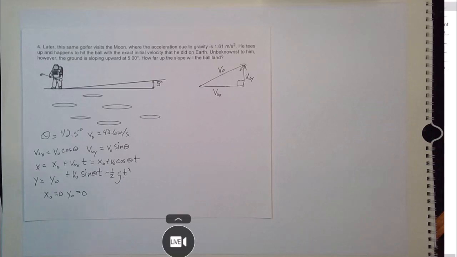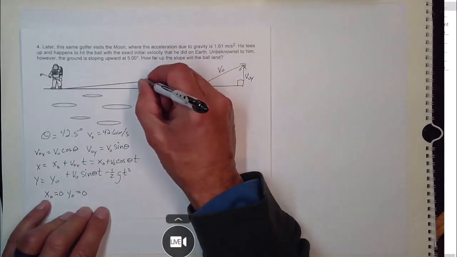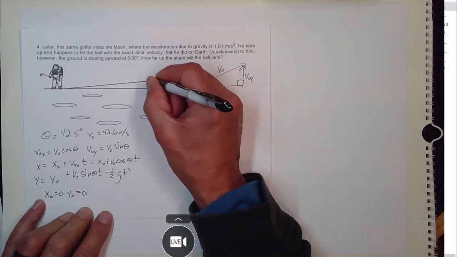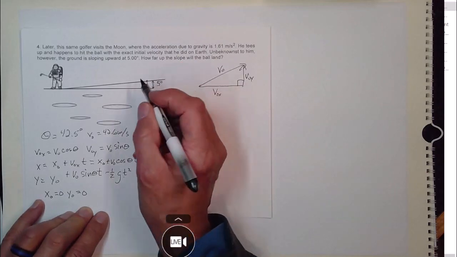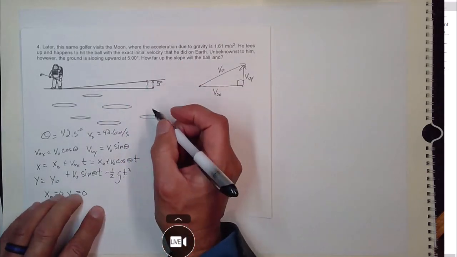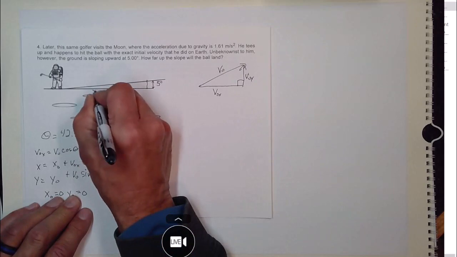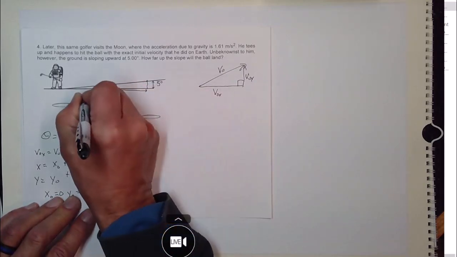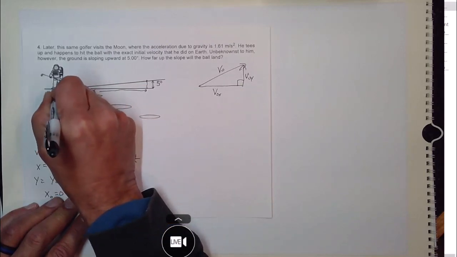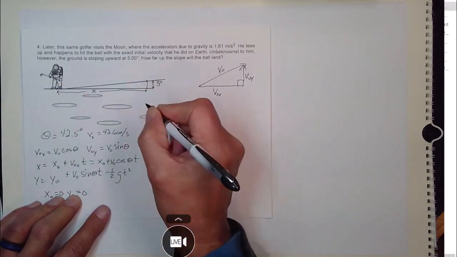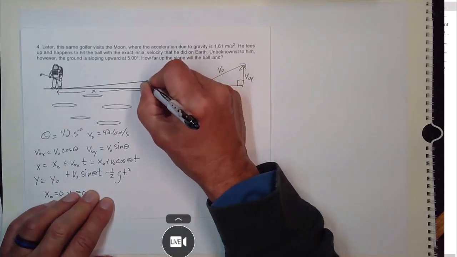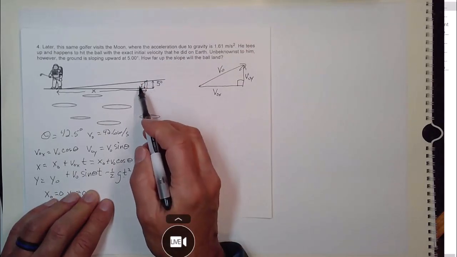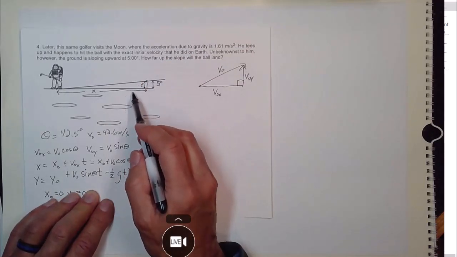Now, there is one other thing that I know. Wherever it lands over here, I can make a little right triangle. This may not be where it lands, but the distance it travels in the x direction is going to be this far. I'll just pretend that it's launched from exactly that point. And the distance it travels in the y direction will be this little direction. So y over x, we know they're always perpendicular.